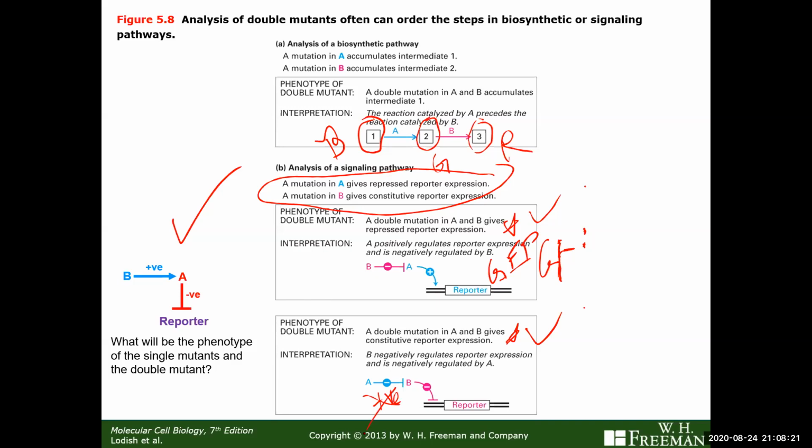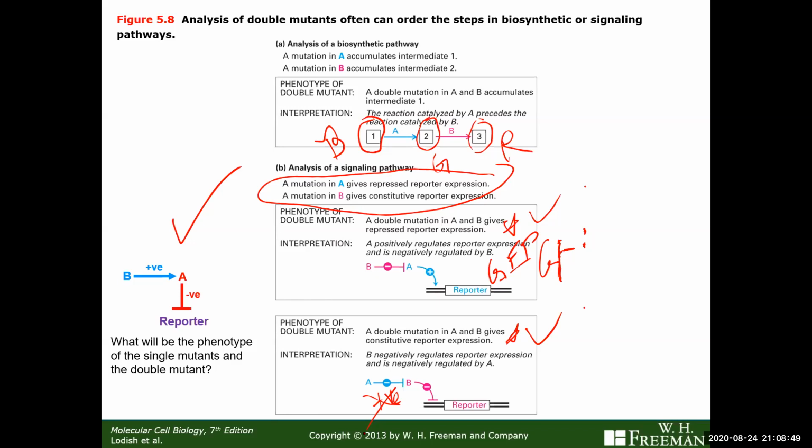It cannot do that. Because if A were positively regulating B, in the hypothetical situation, then what would have happened? If A is not there, then B expression would go down. And if B expression would go down, then there would be constitutive expression. So that is not the case.